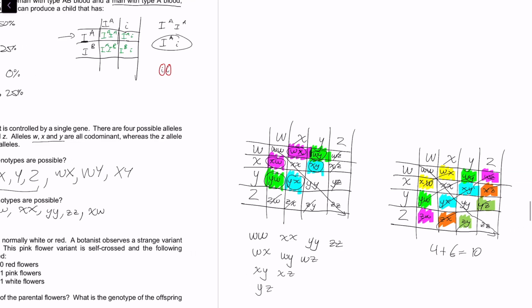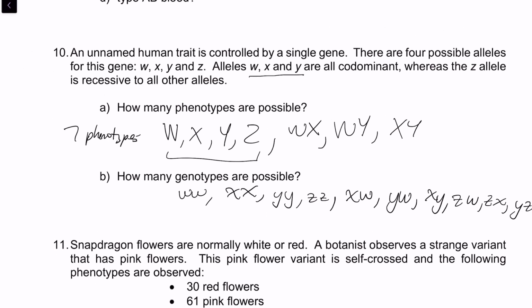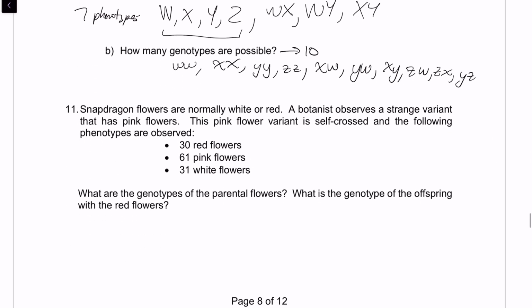So we have XW, YW, ZW, XY, ZX, and YZ, okay? If we wanted to be more accurate, we might put them in alphabetical order, but it doesn't really matter. As long as you're answering the question, we have 10 possible genotypes. Okay.